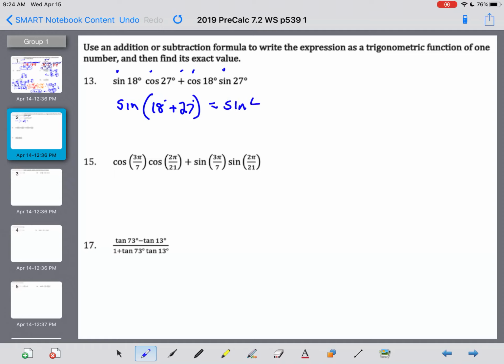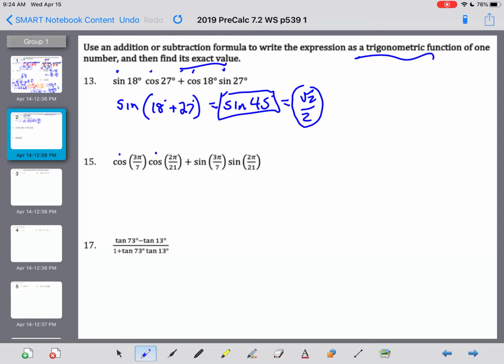That's going to give me the sine of 45 degrees. And we know that the sine of 45 degrees is going to be root 2 over 2. So here's the exact value. And then here's the trig function as a single one number. So we're done with this one here.